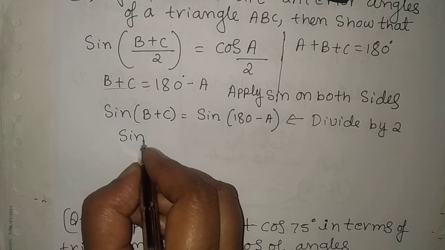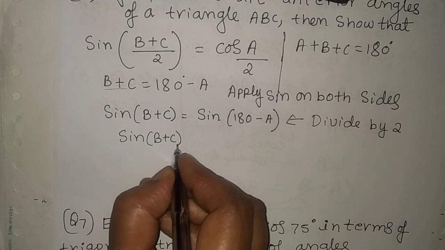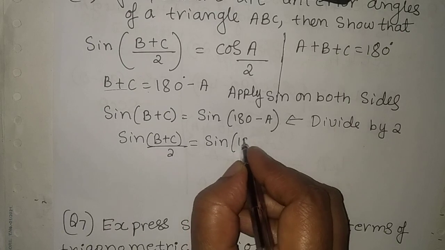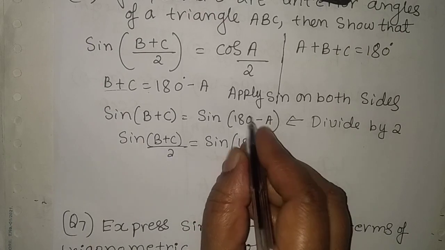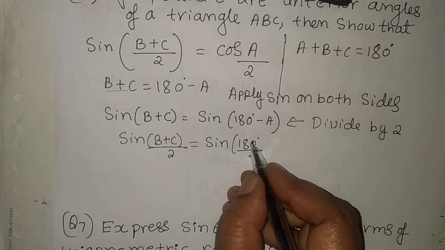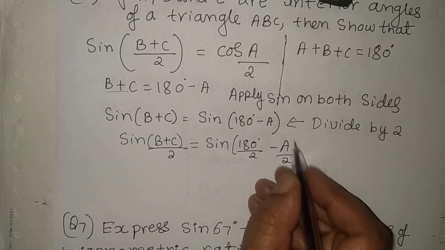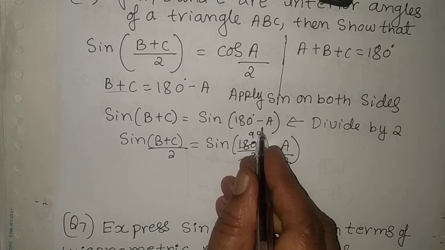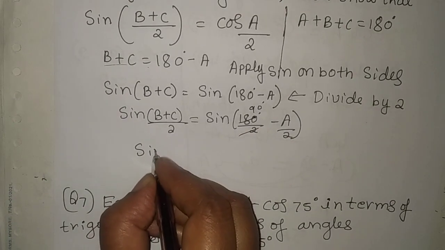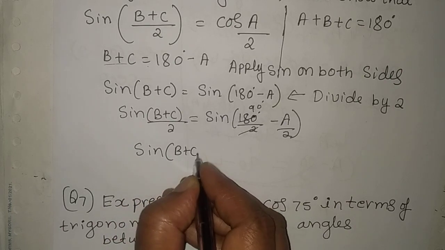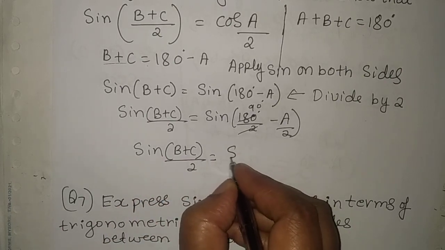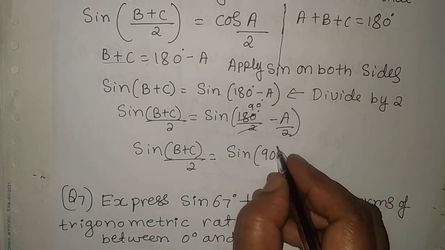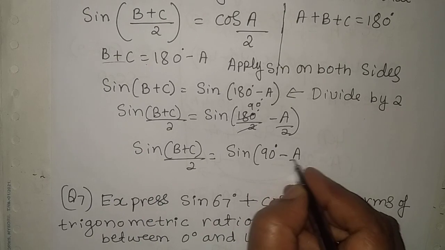Then this becomes sine of (B plus C) by 2 is equal to sine of (180 by 2 minus A by 2). So now these 180 by 2 become 90. Then we get sine of (B plus C) by 2 is equal to sine of (90 minus A by 2).